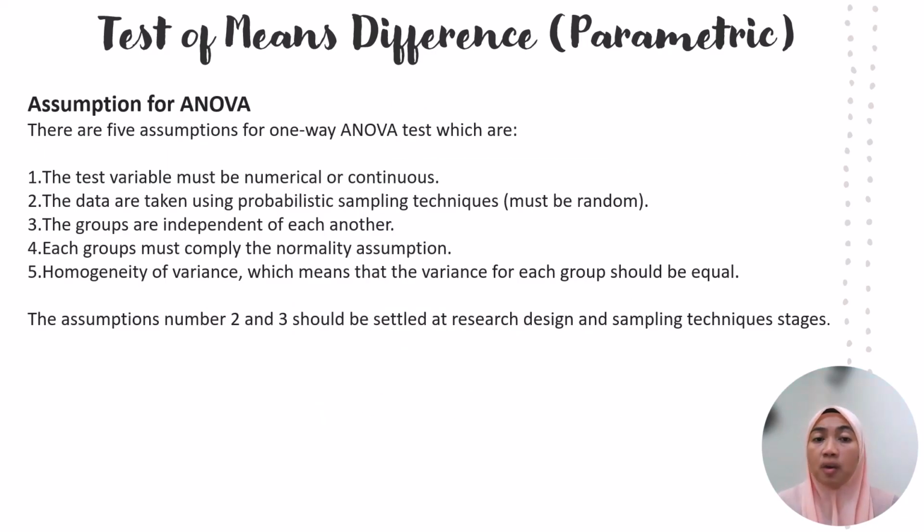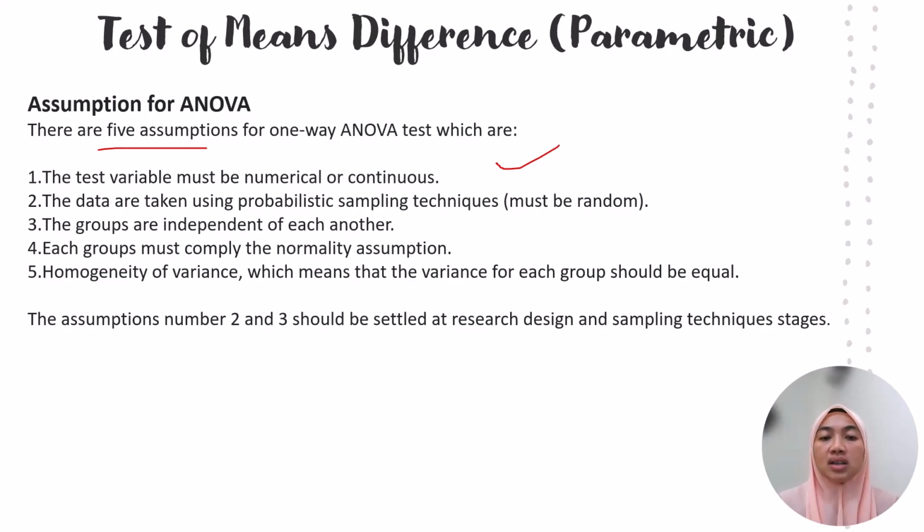Before we perform the analysis of variance ANOVA test, we need to look at the assumptions for ANOVA. There are 5 assumptions for the one-way ANOVA test. The first is that the test variable must be numerical or continuous. The second is that the data are taken using a probabilistic sampling technique, which must be random.